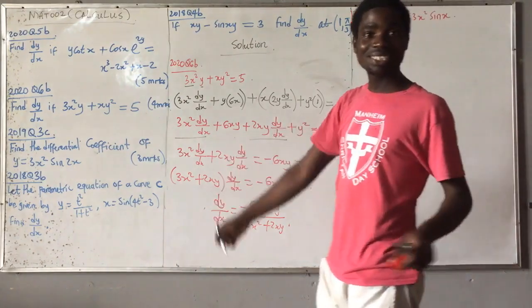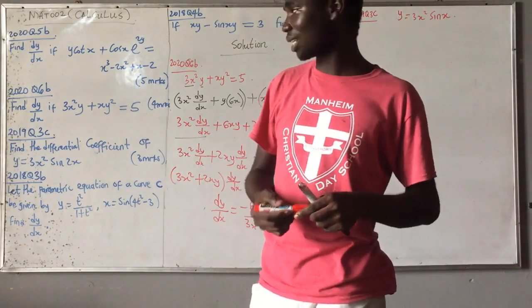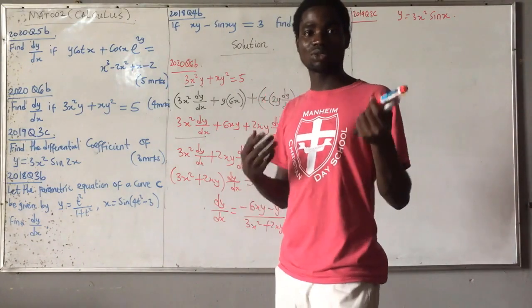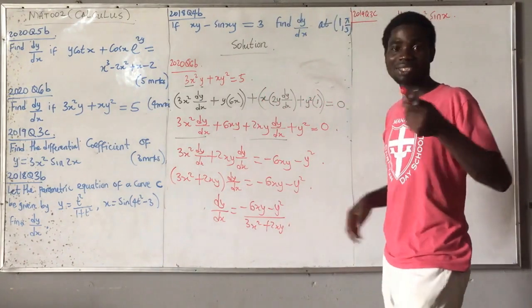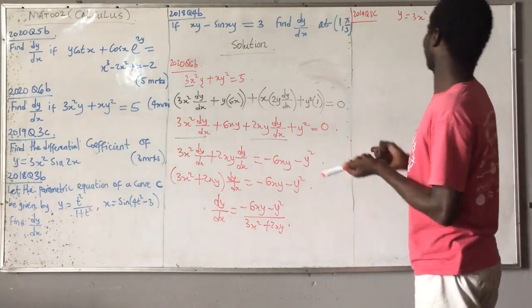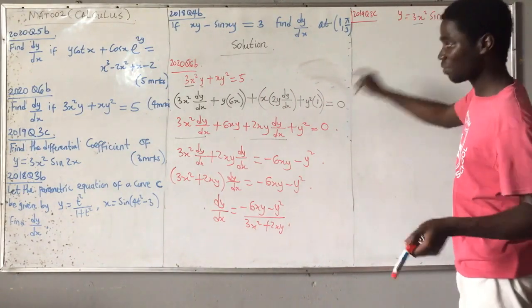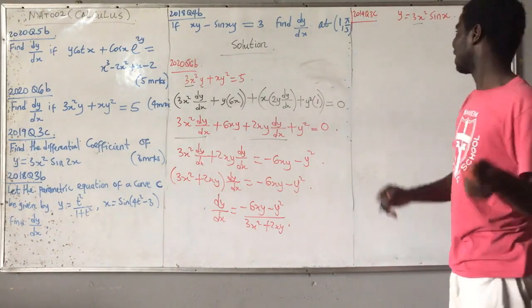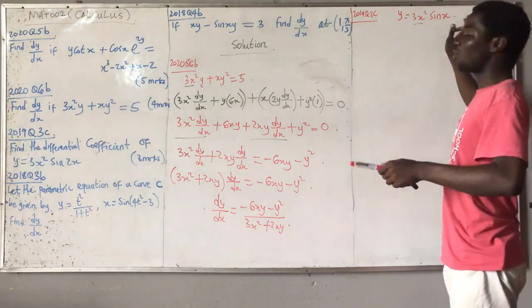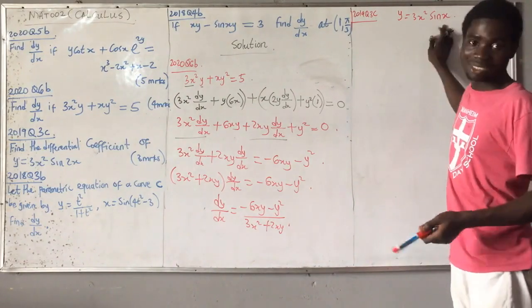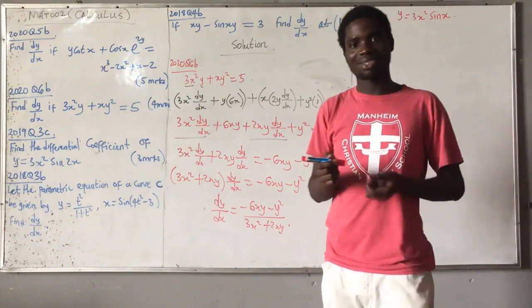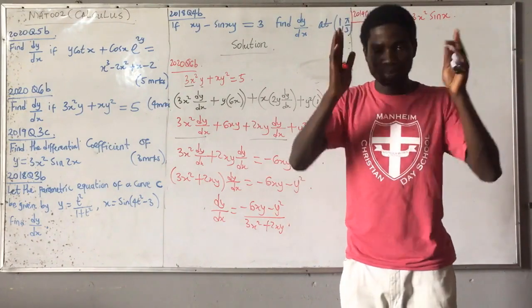The way we are differentiating this, that's how we are going to differentiate it, but just use product rule so that you don't lose any marks. Let me tell you, the idea is that keep this one, differentiate the second one like we normally do, then plus, keep the second one, differentiate the first one. But I told you so that you don't drop any points. What they want you to use here is product rule.